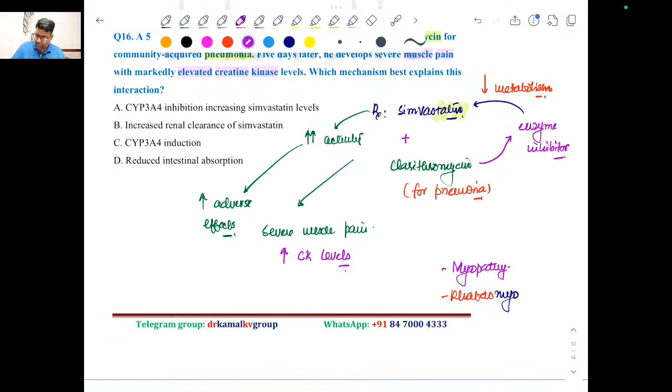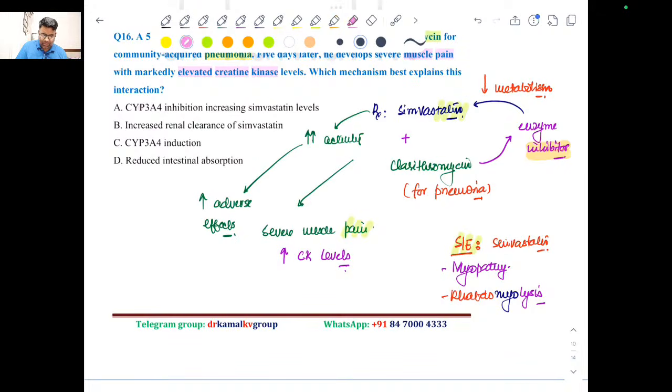Since it is not metabolized adequately, even the usual dose is producing adverse effects like myopathy or rhabdomyolysis. Therefore, the patient has muscle pain and increased creatine kinase level. So, this is a classical phenomenon of enzyme inhibition.